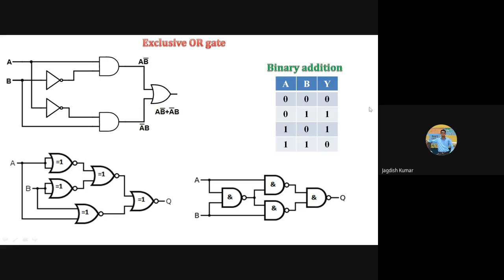And this table is exactly the same as the truth table of the exclusive OR gate. And that is where lies the significance of the exclusive OR gate. So basically, exclusive OR gates can be used for performing the operation of binary addition.